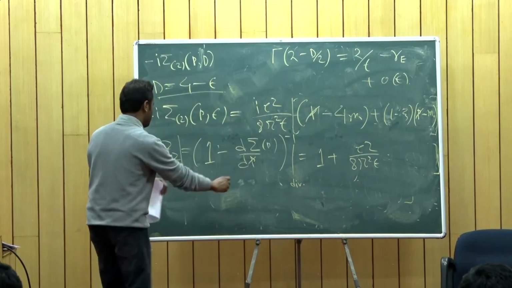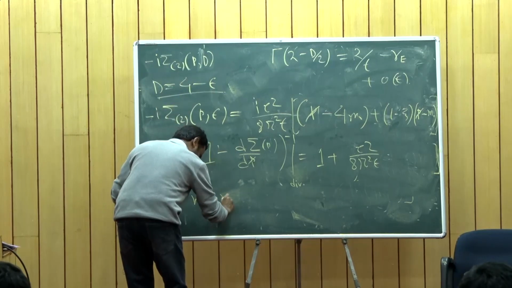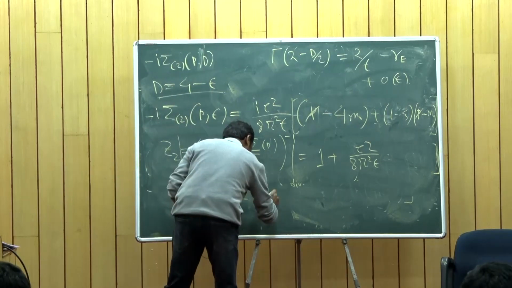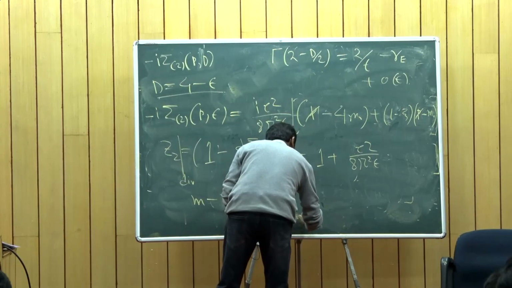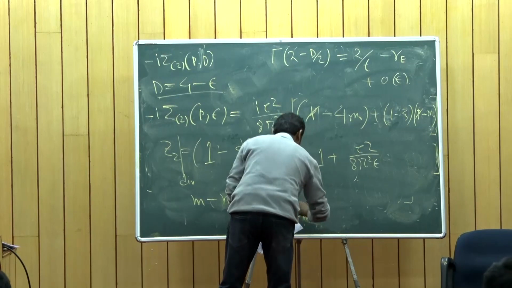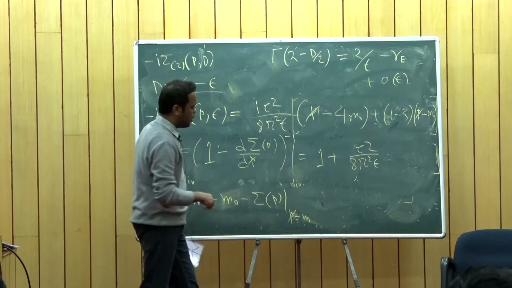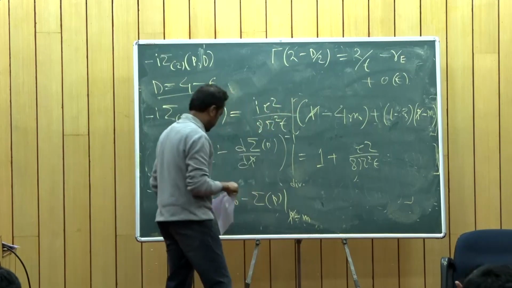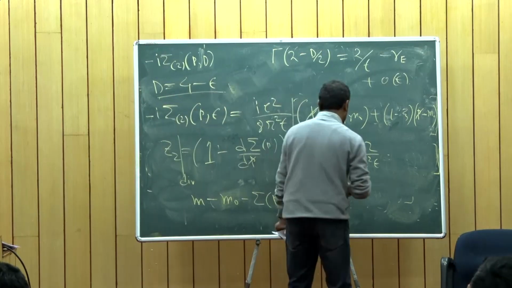And using this relation, you can also see how the physical mass near p slash equal to m is modified with respect to m naught, the bare parameter.